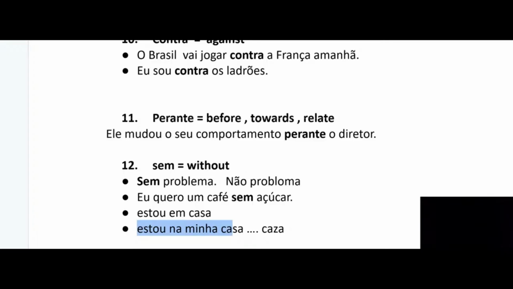But this one we are showing the kind of house you are in. Where are you? I'm in the house. Oh, I'm at home. But you say I am in my house, it's being specific. You're trying to say that you are in your own house. But people assume, since you are saying you are in the house, that you are in your own house. If you are in someone's house, you definitely add the person's name. So they are all correct.